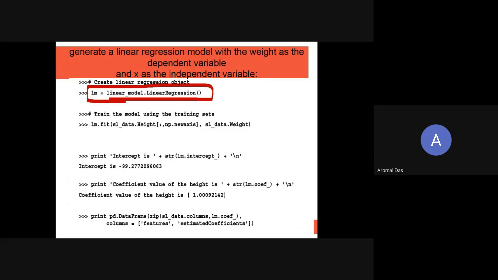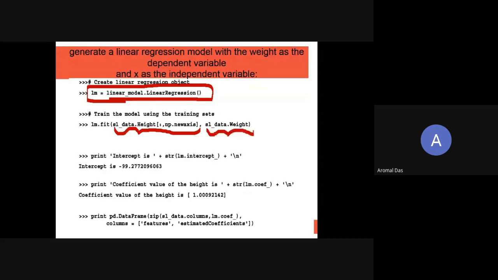We have two attributes, height and weight, and we are using some data as the training set. So we are fitting that.